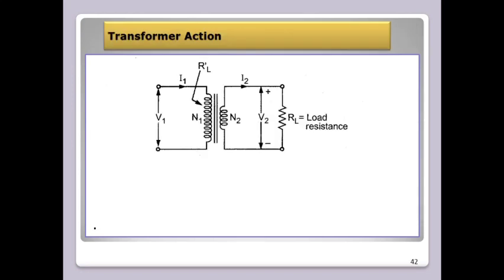So what is the transformer action here? Instead of connecting RL directly to the collector, we are using a transformer. The primary is connected to the collector, and the secondary is connected to the load.